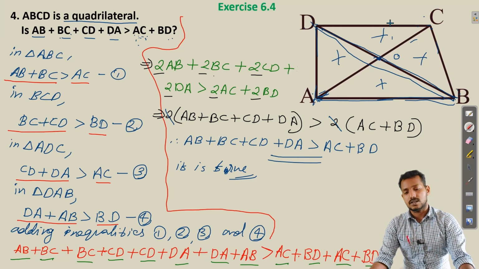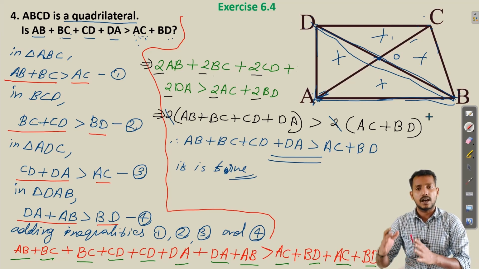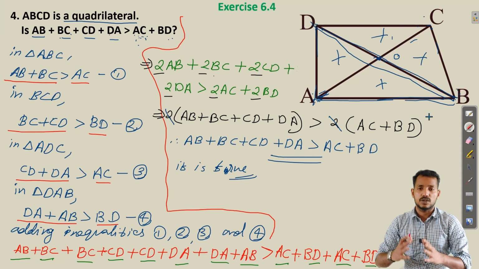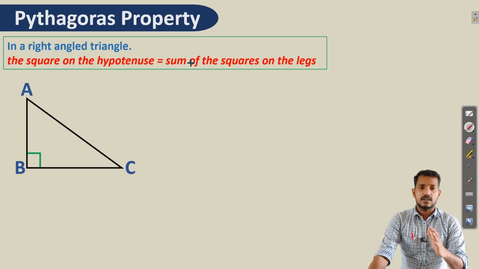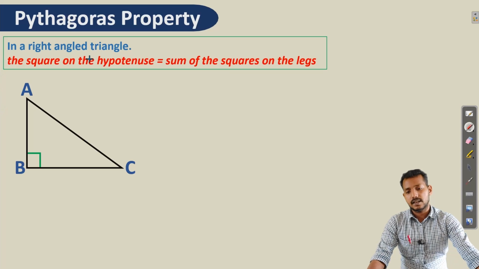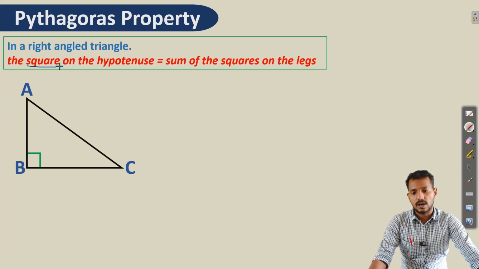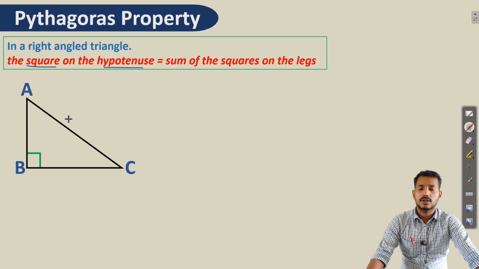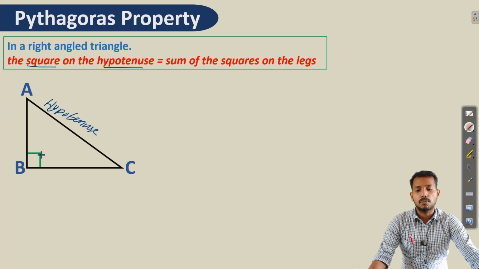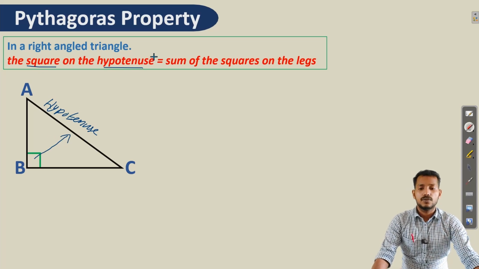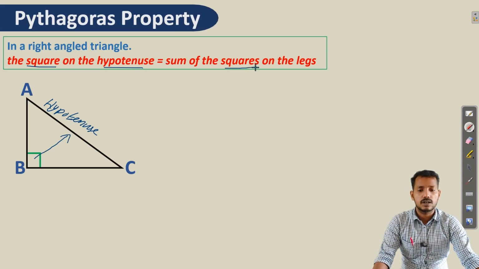So try it yourself. Now we are moving to the next topic, a very important one from this chapter, that is Pythagoras property for right angled triangle. This property is valid only in case of a right angled triangle. It says that in a right angled triangle, the square on the hypotenuse, which one is hypotenuse? This is hypotenuse. The side opposite to the right angle is called the hypotenuse, which is equal to the sum of the squares on the legs.